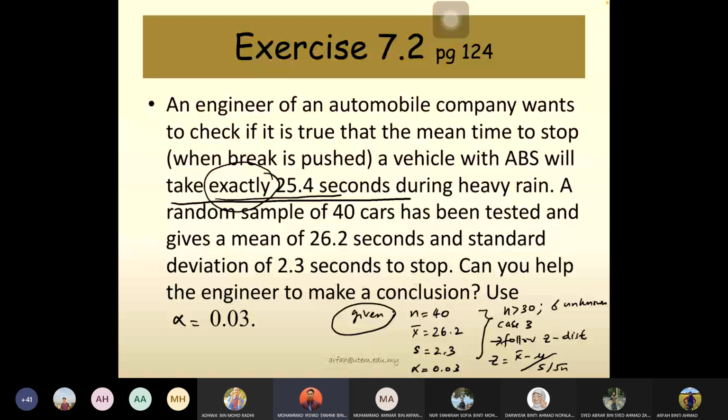Mu less than 25.4. Salah. More than. Not equal. Yep, betul. Okay. Because the statement is exactly, the hypothesis testing. Okay. So first thing first, state your H null and H1.